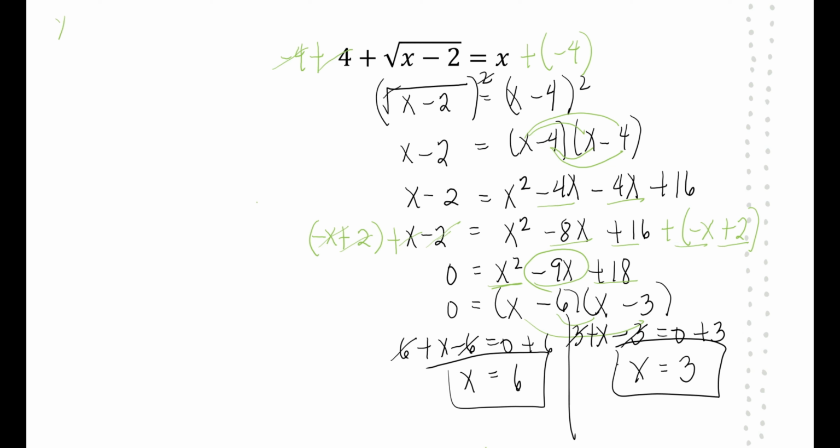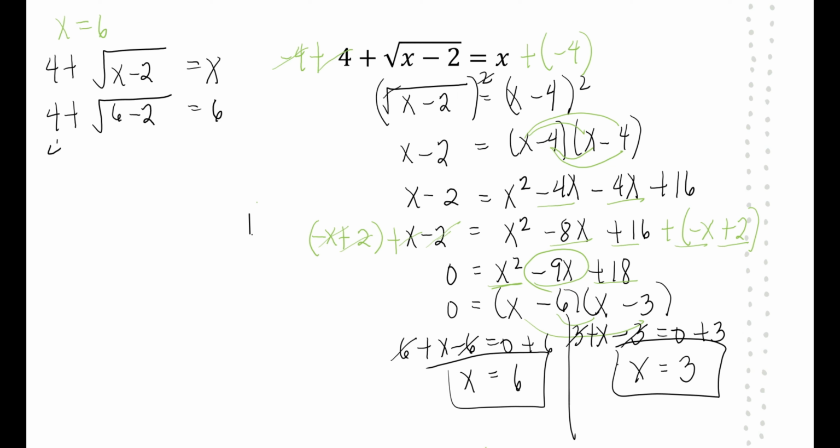Let us check the first value, x equals 6, and substitute it to our original equation, 4 plus the square root of x minus 2 equals x. Okay, so all the x's in this equation would be substituted by 6. 4 plus the square root of 6 minus 2 equals 6.